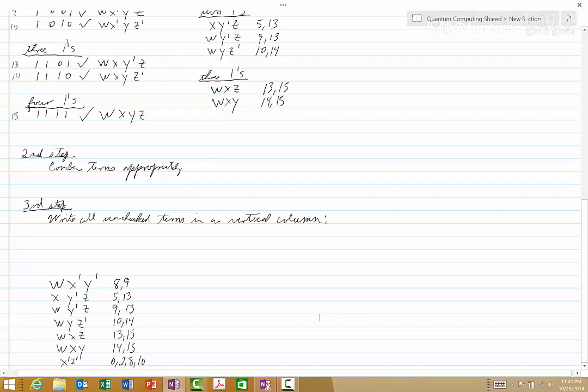Okay. So we've written all the unchecked terms in a vertical column, and now let me add one more part to the third step. And all terms of the function in a horizontal row. Okay, now what that means is the following.